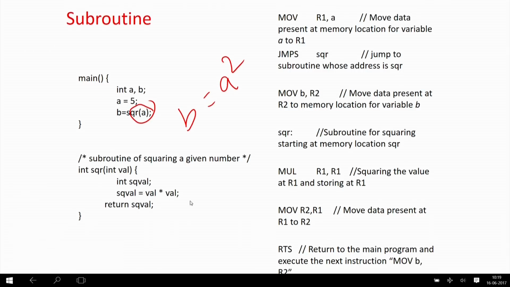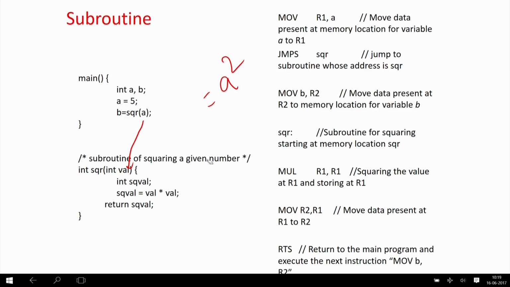Then square val equal to val into val. So a is passed to the function, and we get the value of a square, because the variable val has the value of a which was passed as a parameter. Then you return square val, which is nothing but the value of val squared, in this case a square, and that is returned to b, so you get b equal to a square. Very, very simple C procedure.